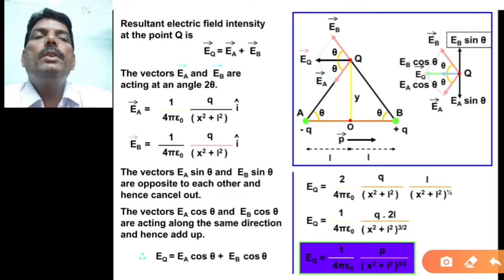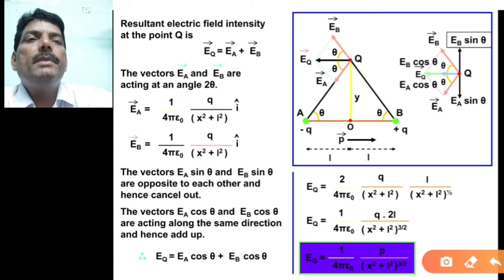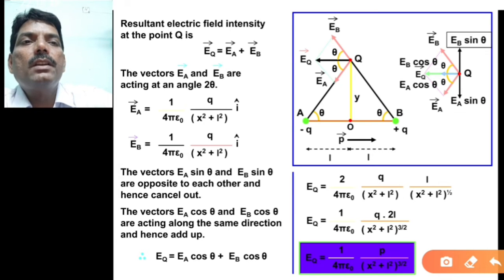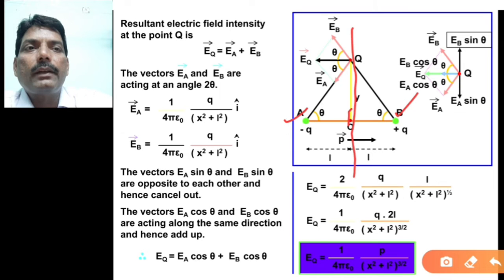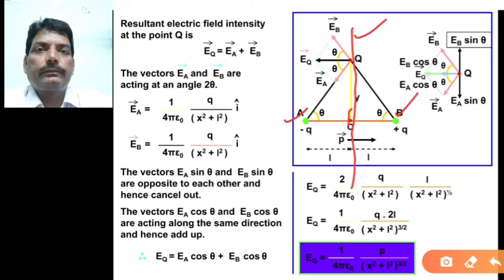So what is meant by the equatorial line? If you have the charges minus q and plus q, join these two charges. At the center you draw the perpendicular to that, so you will get this type of line, and this line is called an equatorial line.